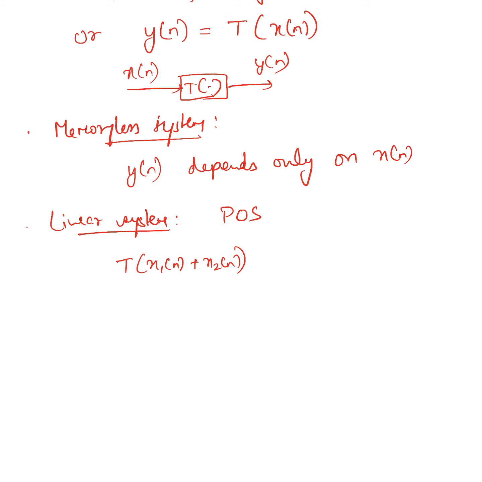For example, if I apply this input, let's say x3, which is a summation of x1 plus x2, then I should be able to get T of x1 of n plus T of x2 of n, which implies y1 of n plus y2 of n. So this property you call the additivity property.